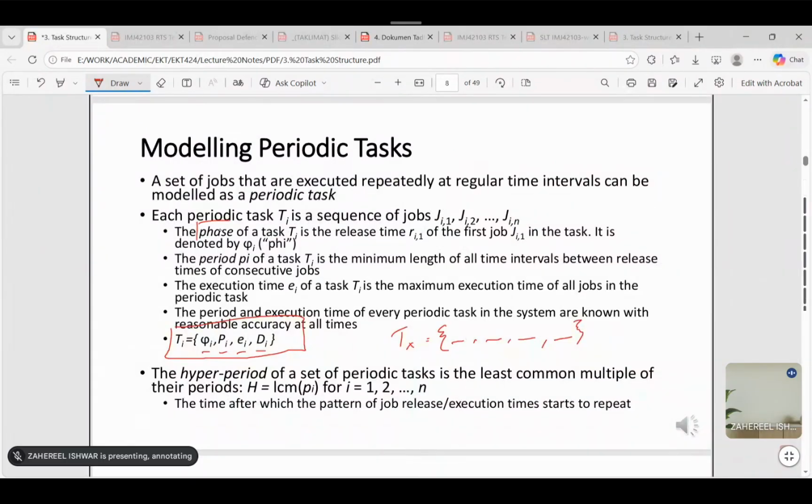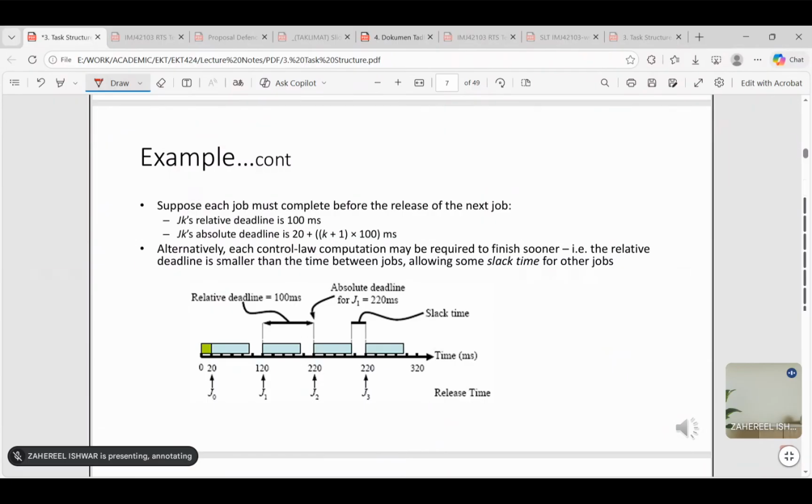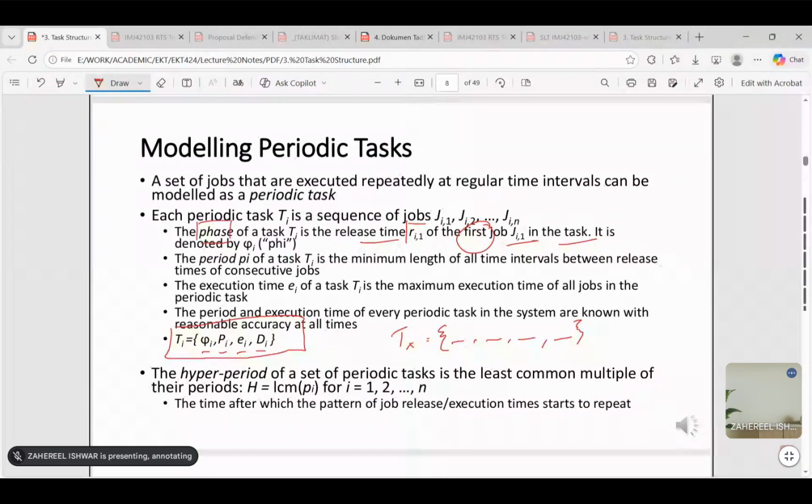Is the phase value. Phase of task I is the release time, R sub I, of the first job in the task. Okay, kalau macam contoh yang ni tadi, the release time is 20 of the first job, not 0. Contoh lah.